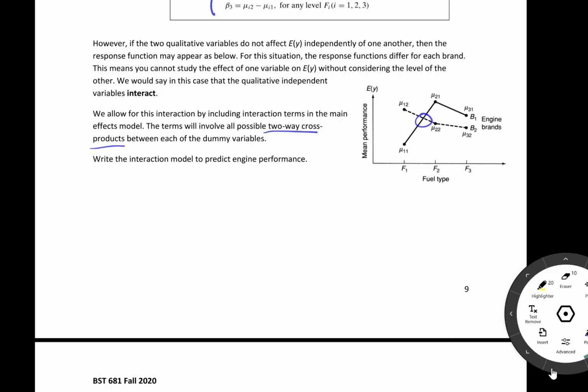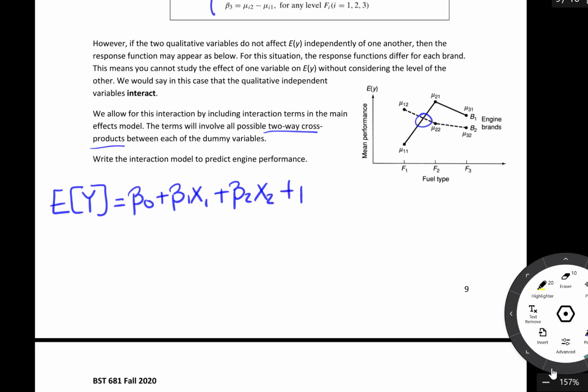So here we've got the expected value of y. I'm still going to write in all my main effect terms just like we did before. But now I have to write in my interaction terms. So this is where we've really got to go back and think about what are our categorical variables that we're interested in. I've got my 3 levels of fuel type and I've got my 2 brands.